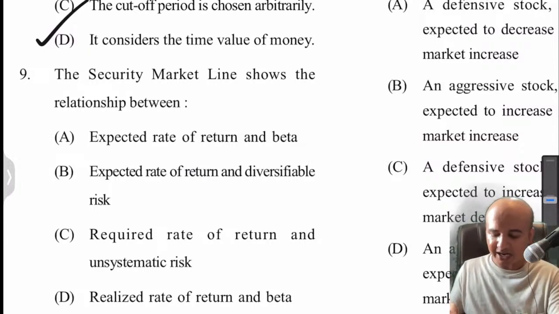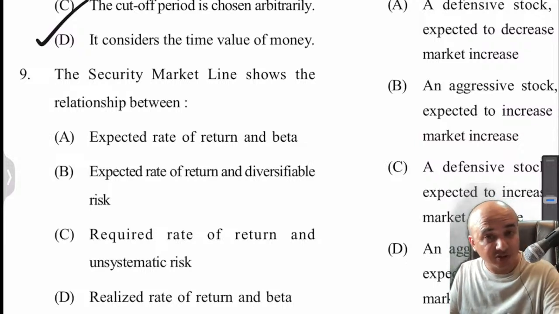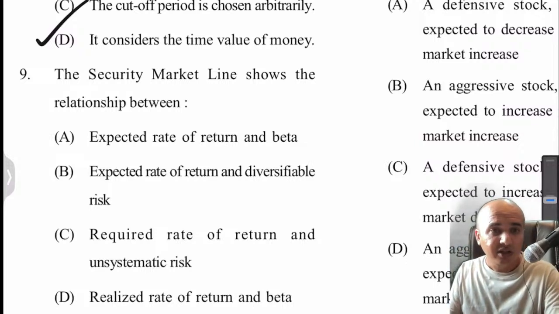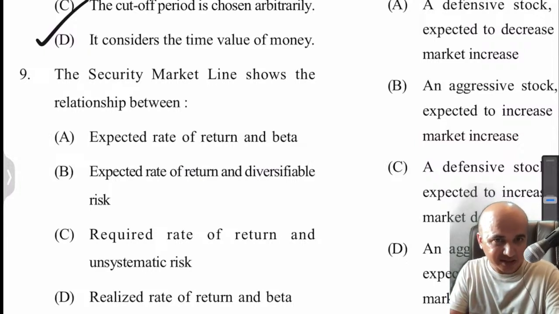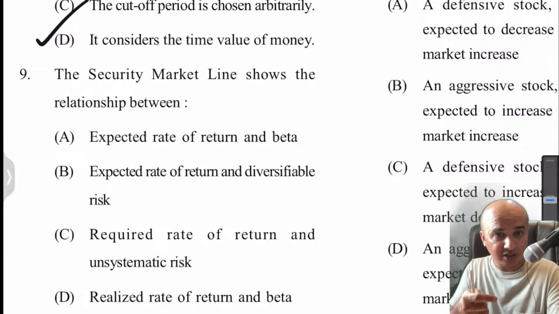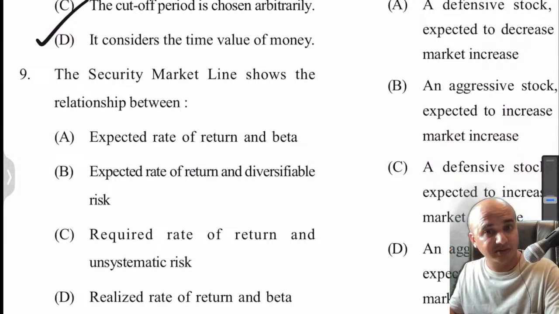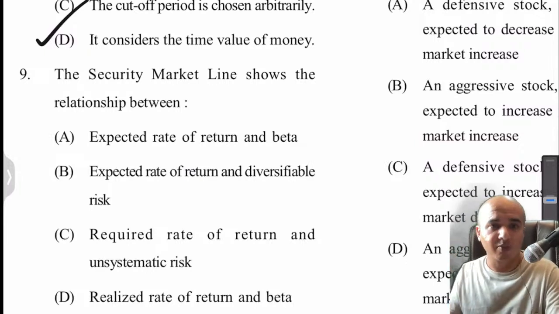This security market line plots the different combinations of expected return, which will be on the y-axis, and beta is plotted on the x-axis. Beta merely represents the measure of the systematic risk, or you can even say the sensitivity of an investment's return to the overall market return, how sensitive it is to the overall market return.